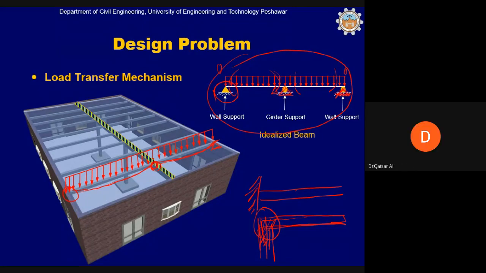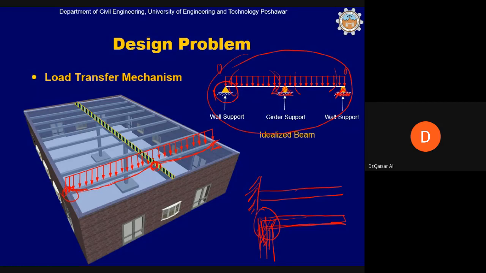Okay, so idealization of this extreme end, when this is a hinge support, this is clear. But if we also idealize the intermediate support as hinge support, then you should mind that the idealized model should represent as closely as possible the behavior of the physical structure.